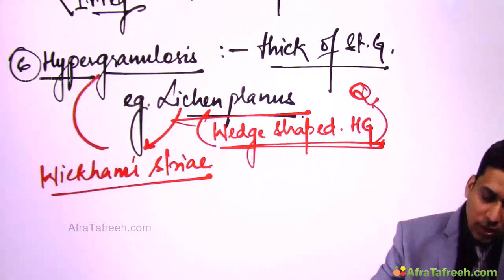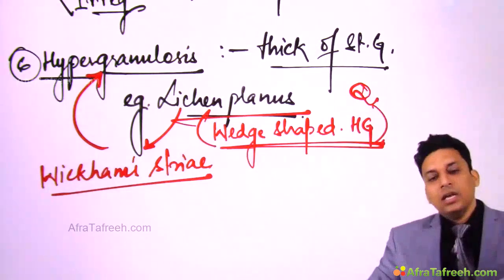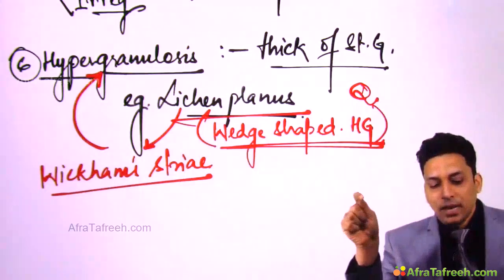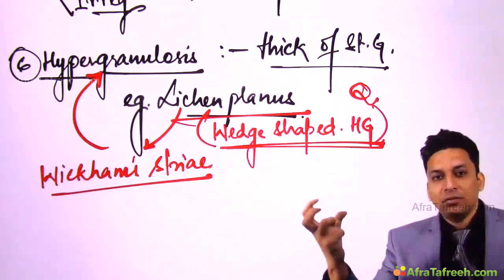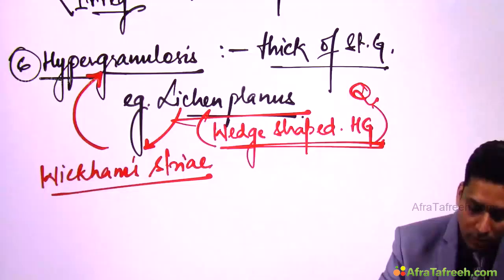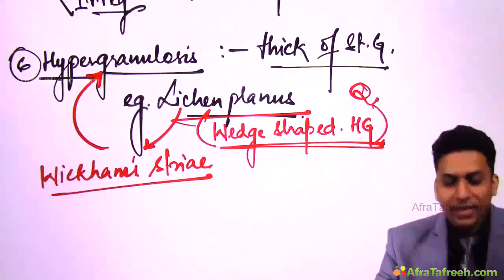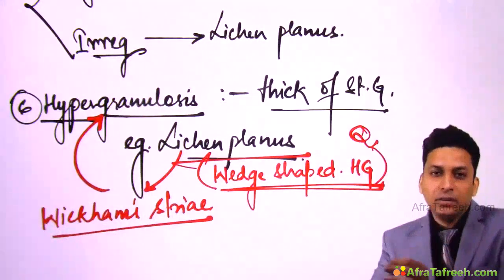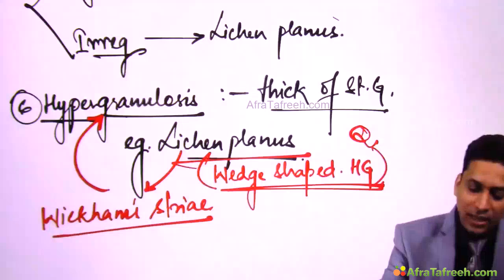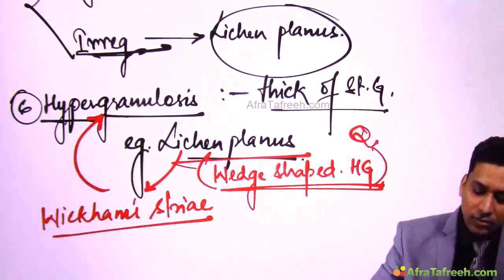This is due to this wedge shaped hypergranulosis. So Wickham striae which are seen in lichen planus are due to this histopathological finding, that is hypergranulosis in the lesions. Sometimes they might ask you that irregular acanthosis with hypergranulosis is a feature of. Answer becomes lichen planus.